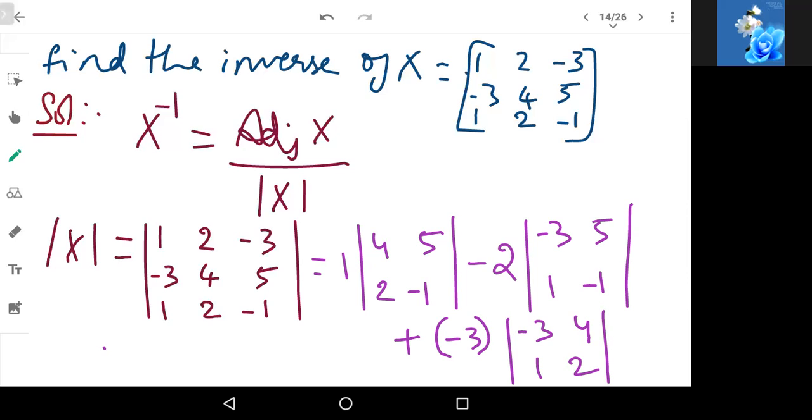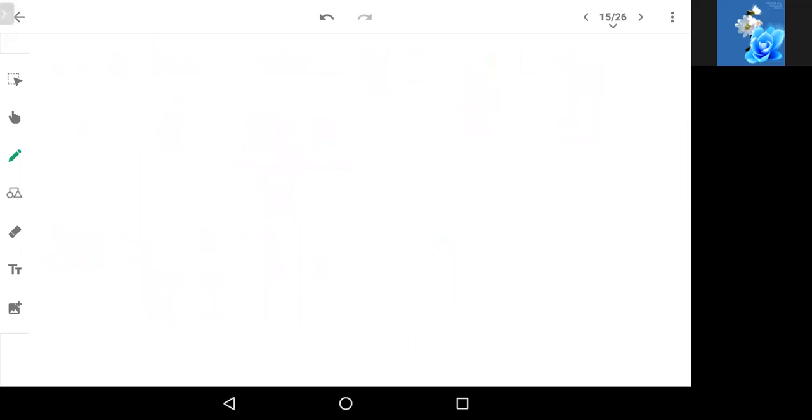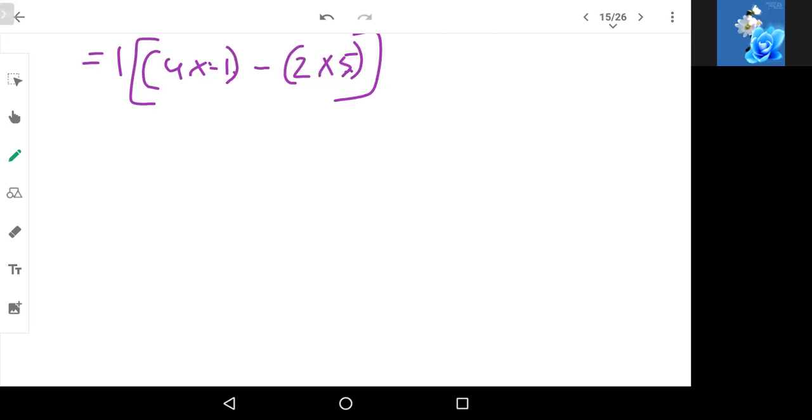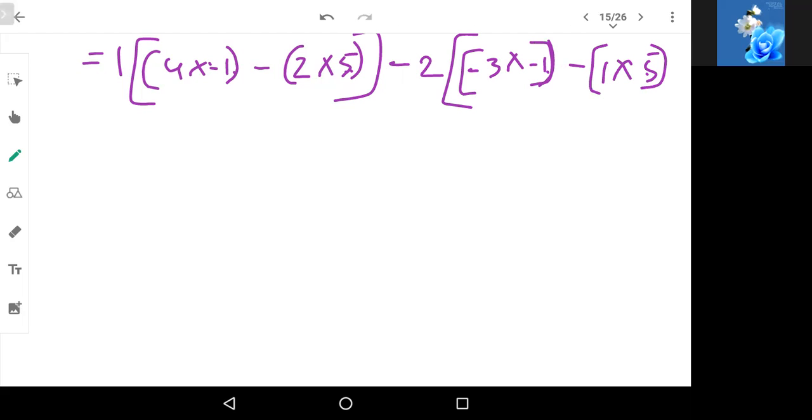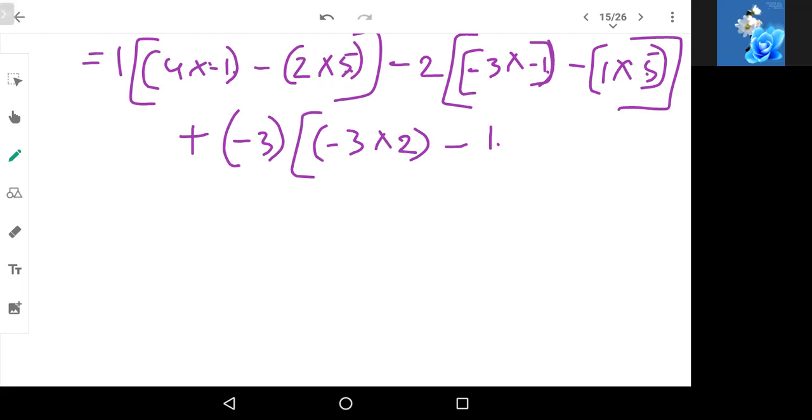Now let us simplify these minors. Is equal to 1 into 4 into minus 1 minus 2 into 5, minus 2 into minus 3 into minus 1 minus 1 into 5, plus of minus 3 into minus 3 into 2 minus 1 into 4.